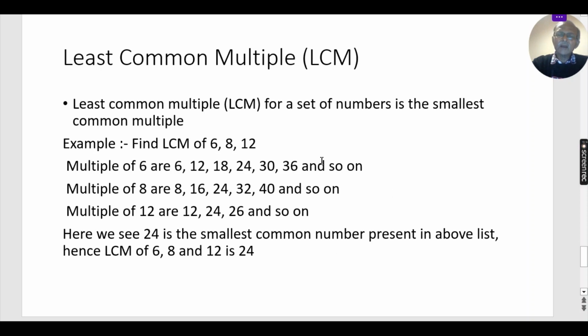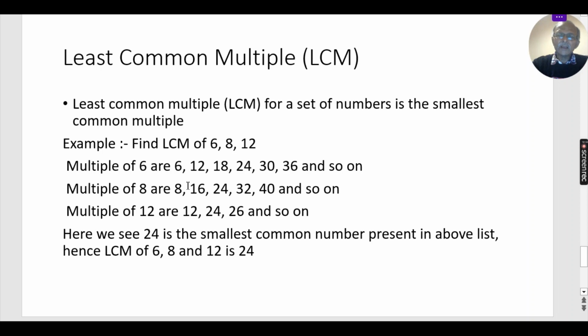For example, I have taken here 6, 8 and 12. I have to find the least common multiple of 6, 8 and 12. For this, first I find the multiples of 6, then 8 and then 12. Multiples of 6 will be 6, 12, 18, 24, 30, 36 and so on, as long as we want to expand this list.